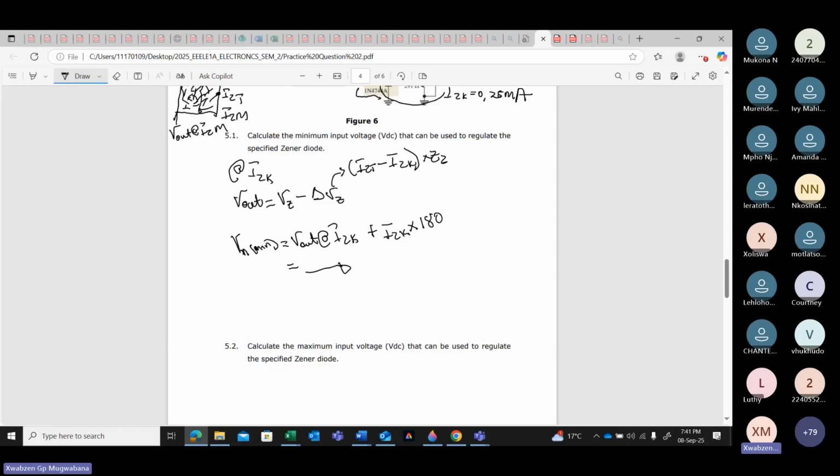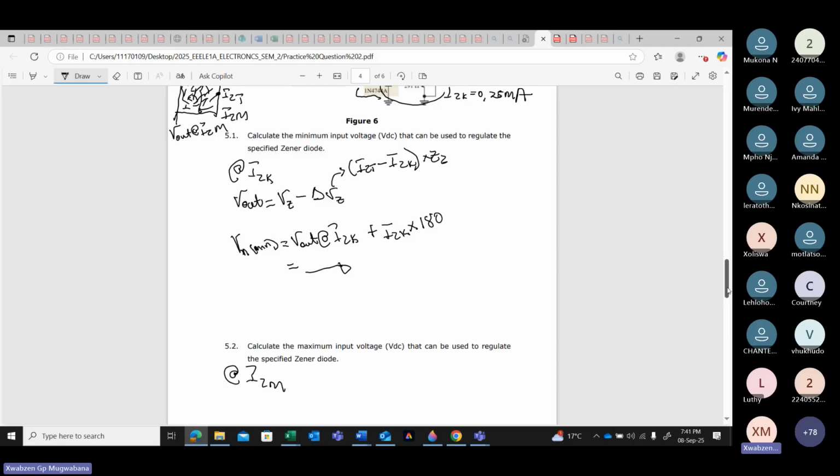Now I'm at IZM. This is my IZM, which means the maximum that this thing can push up to. What is happening at IZM?